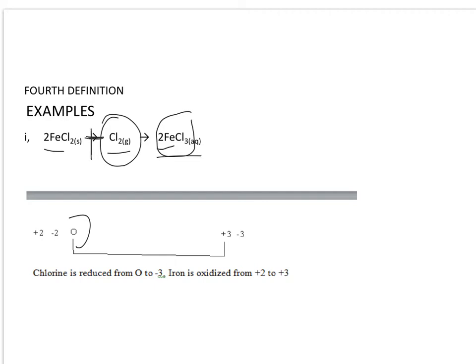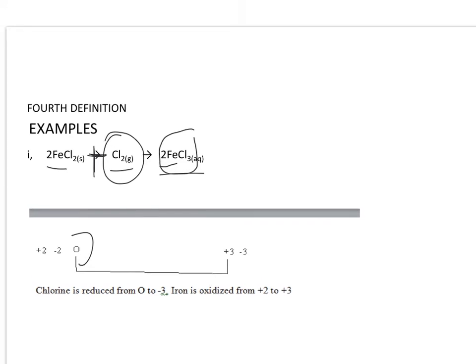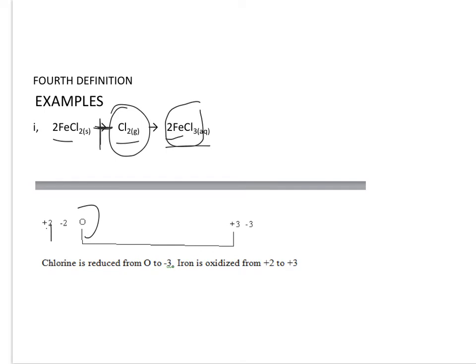So chlorine is reduced from 0 to -3, while iron is oxidized from +2 to +3. So it is going like this, from +2 to +3, then from 0 to -3, meaning that chlorine has gained some electrons.